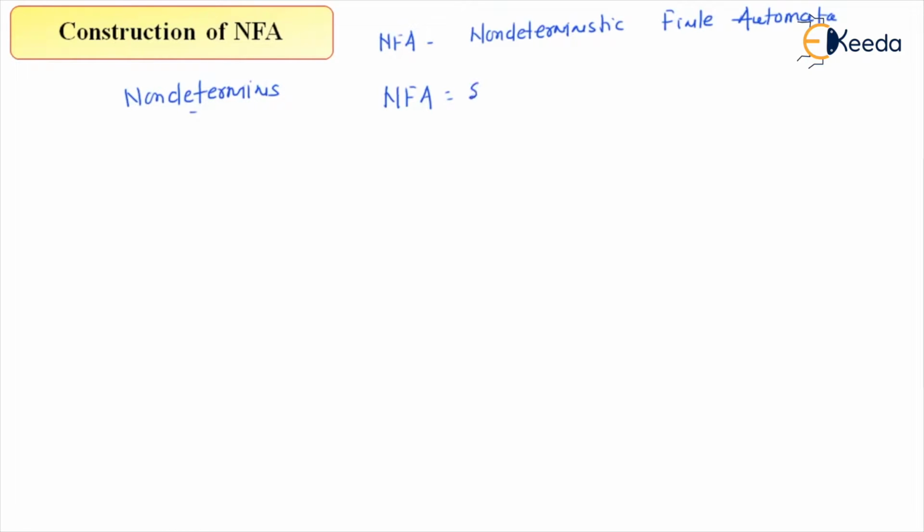the transition function. So Q, sigma, Q0, the set of final states, everything is the same. The only difference is the transition function, and the definition of this transition function is Q cross sigma can be mapped to 2 to the power Q. When we say 2 to the power Q, this is about all choices.